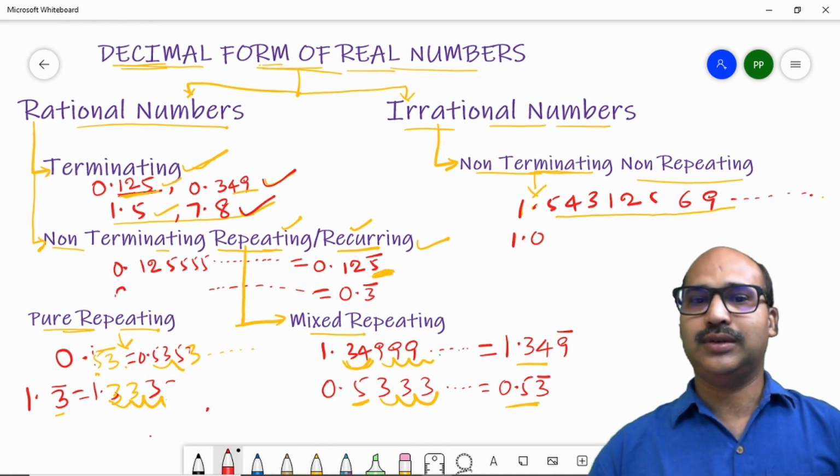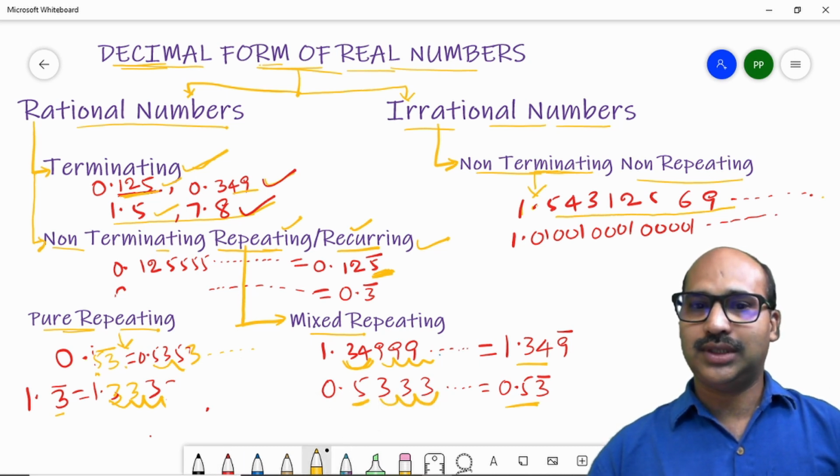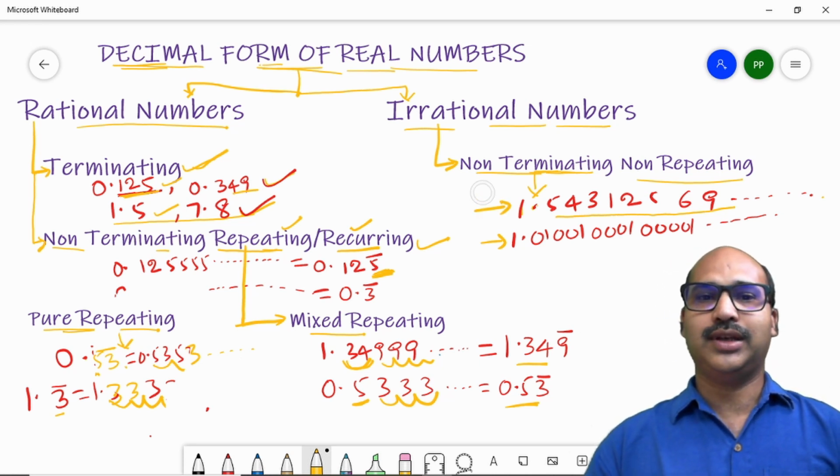So we can have many examples for this. 1.01001000100001 and so on is also one more example. So these are different examples. This is example 1, this is example 2. Like this we have so many examples of non-terminating, non-repeating.